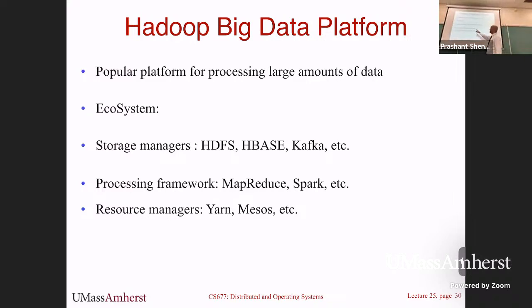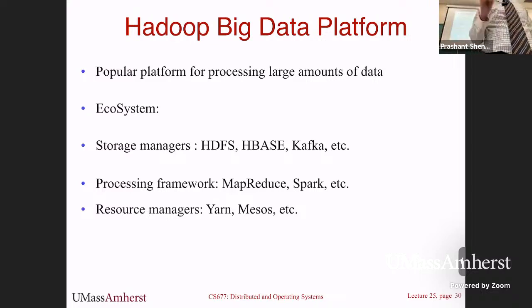So you have HDFS as the file system. If you want a more database-like framework, you use HBase. You can use things like Kafka and so on. Okay? And when we were doing cluster scheduling, you may remember we talked about Mesos. Said it was a 2-level scheduler. So if you have MapReduce, you can plug that into Mesos, and Mesos will allocate resources for running your MapReduce task and so on.